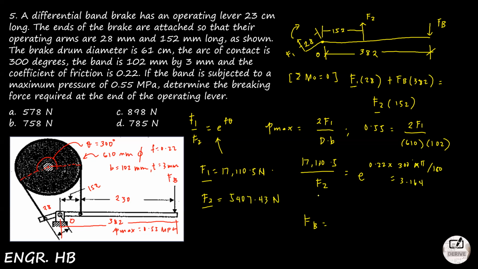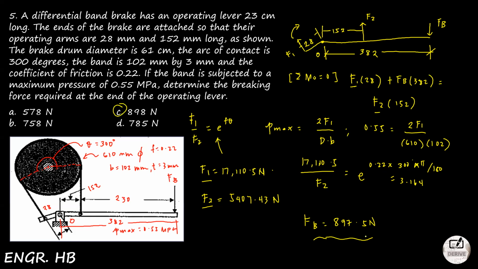Unahin muna natin si F2 at this side. So that was 5,407.43 times 152 minus 17,110.5 times 28 over all divided by 382. So we have this FB as 897.5 Newton. Okay, so ang FB natin ay 898 Newton kapag ni-round up.